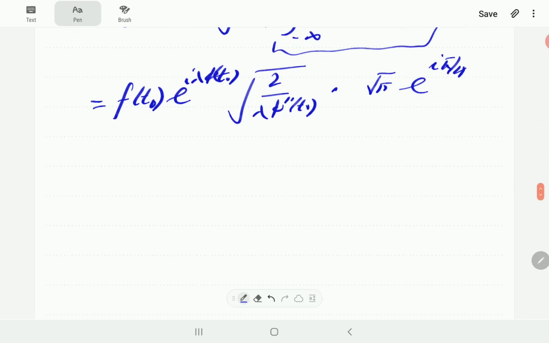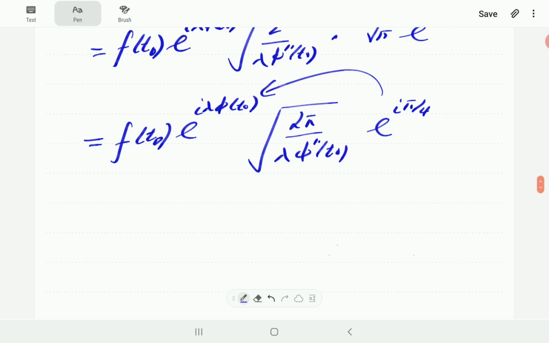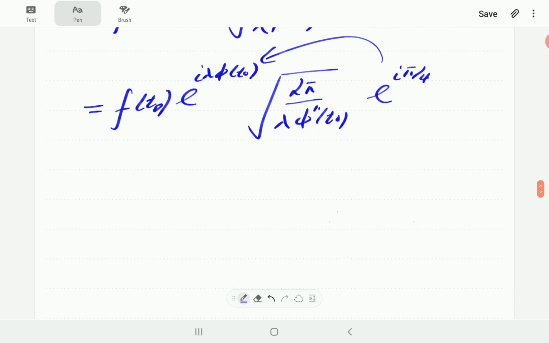And so finally this is going to be f of t naught e to the i lambda phi of t naught, and then we're going to have square root 2 pi over lambda phi double prime, times e to the i pi over 4, which if we like we could write next to that one there. So this is for the case where the second order derivative is positive.